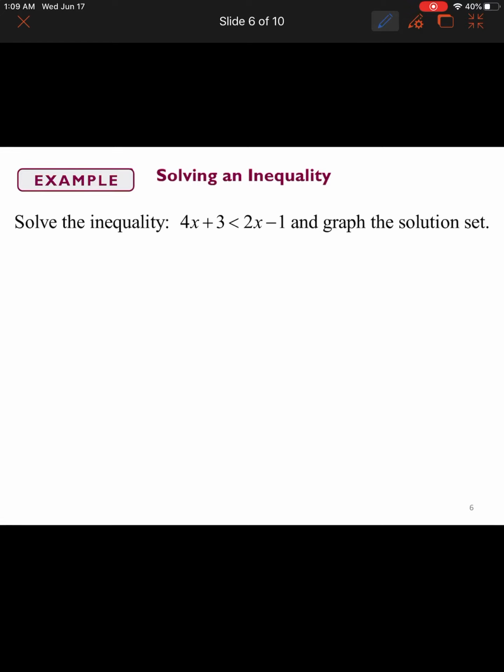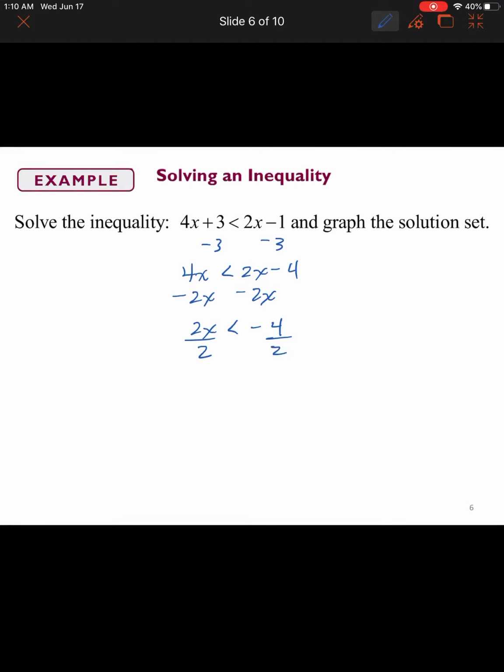All right. Again, get the variables on one side, constants on the other. So now you have 4x, which is less than 2x minus 4. All right, 2x, you better get over there with those variables. And now we have 2x less than -4.